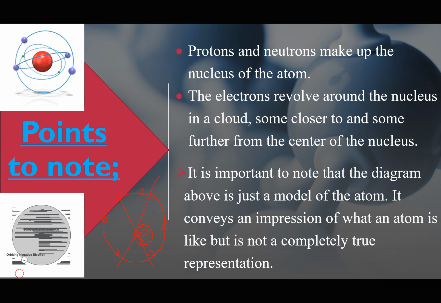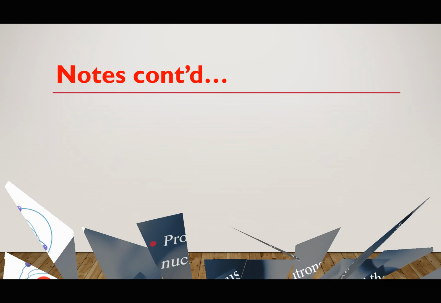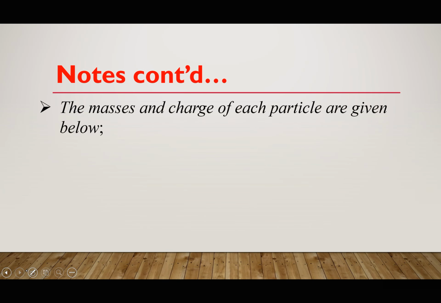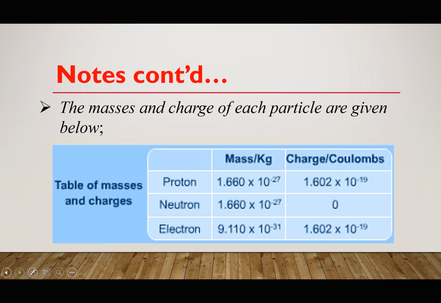Okay, so we need to know a few more things. Number one, the masses and charges of each particle are given below. The mass of a proton is approximately 1.66 times 10 to the power of minus 27 kilograms. In some books this is quoted as 1.67 times 10 to the power of minus 27.